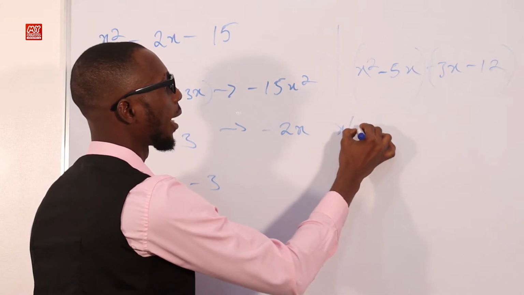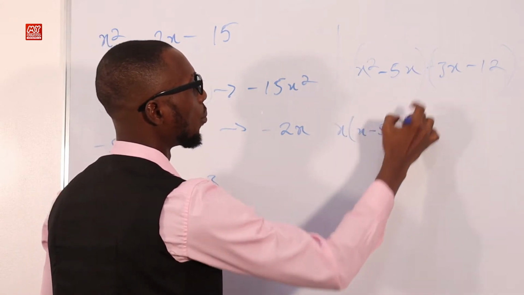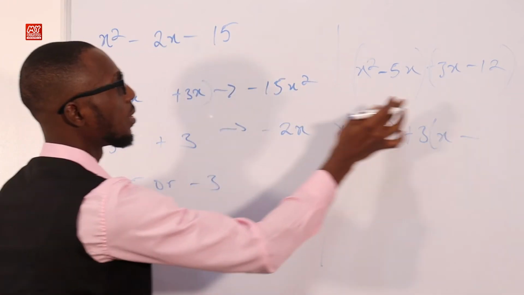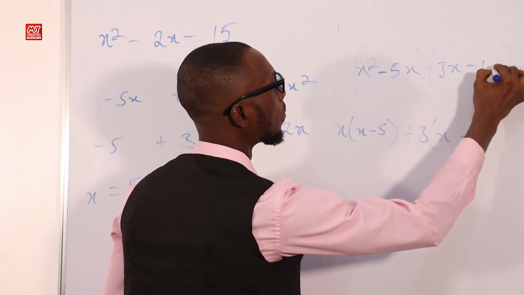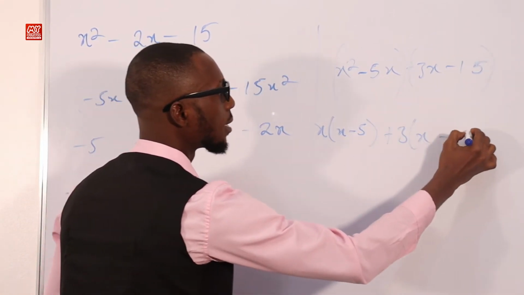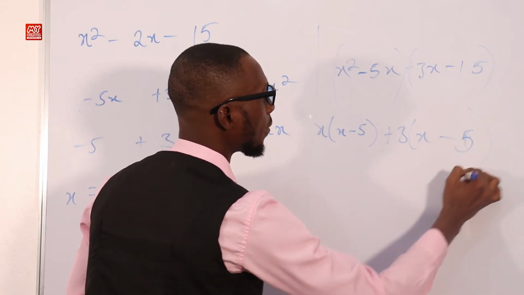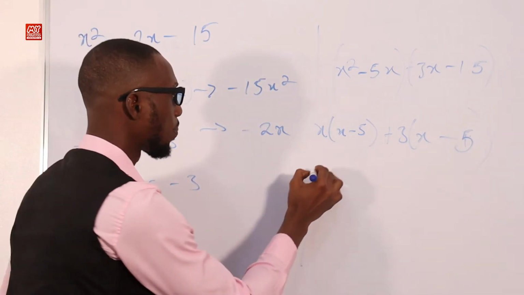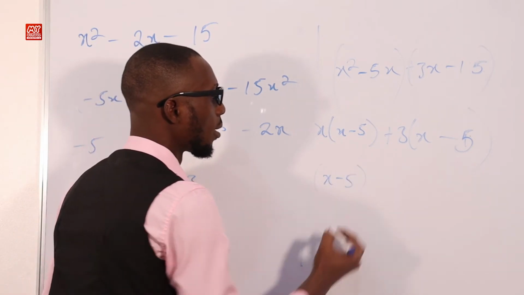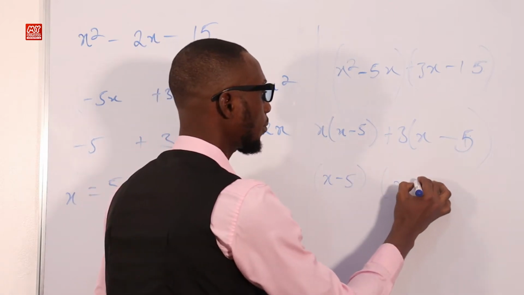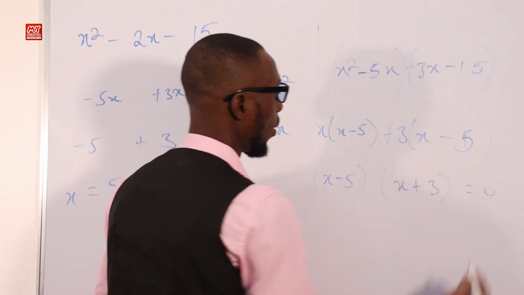We have x into brackets x minus 5, plus 3 into brackets x minus 5. So we just pick one of those factors, then we have x plus 3 outside, which equals 0.